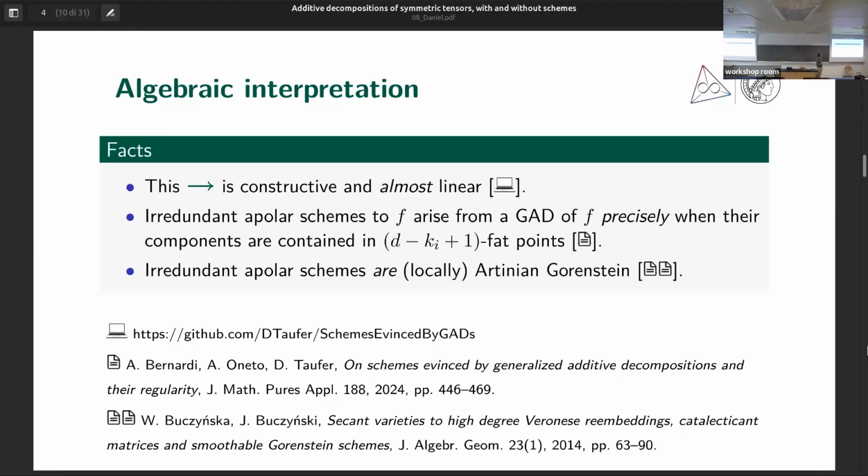All this construction is based on a very important result of Jarek and Veronika Buczyński, who prove that the construction itself works for any GAD, but if you look at minimal ones, so those that minimize the length of the associated scheme, or in algebraic terms the degree of the polynomial, you may restrict yourself to only Artinian-Gorenstein schemes. And those are precisely those that are hit by this construction. So this construction gives good candidates to be minimal schemes.